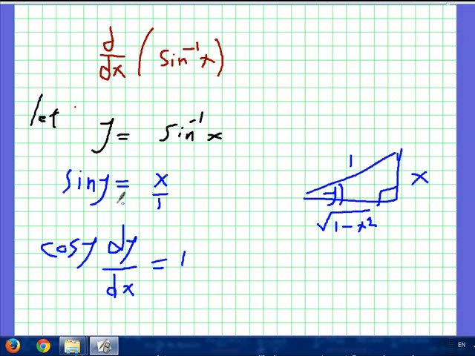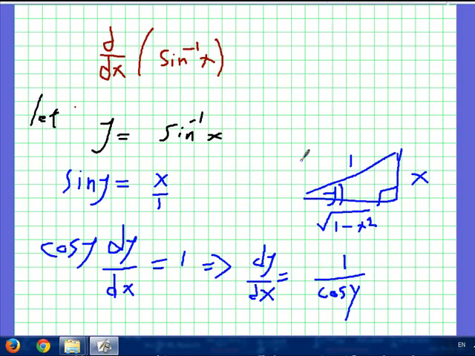So we want dy by dx. Divide over cosine y, so that dy by dx will be equal to 1 over cosine y.